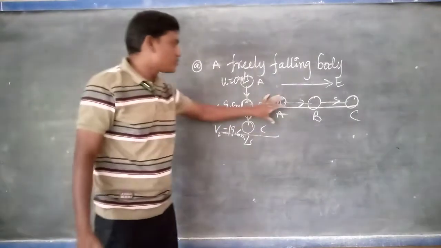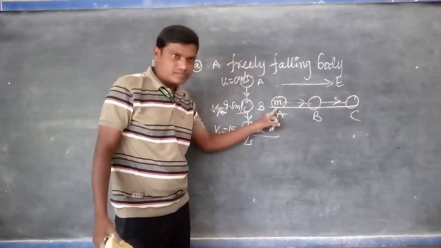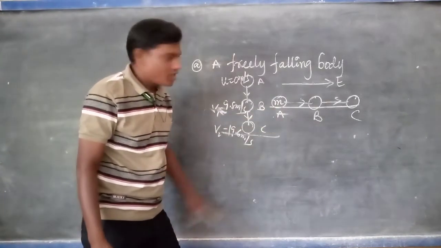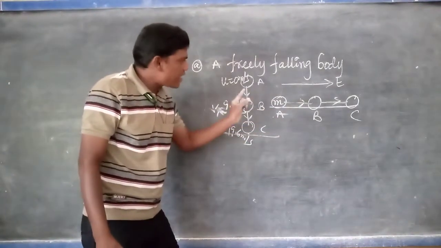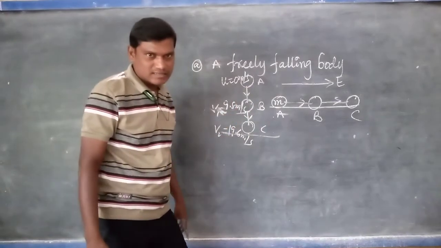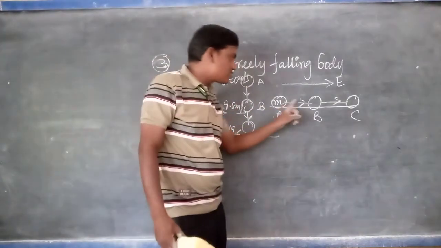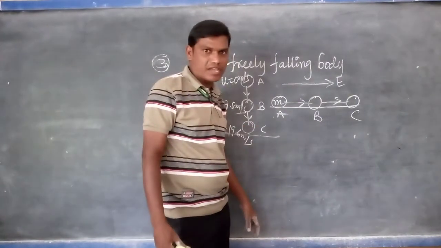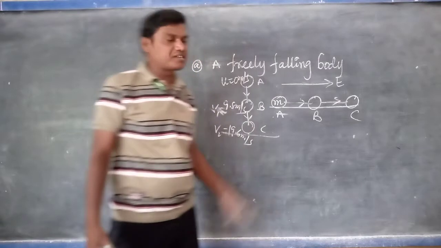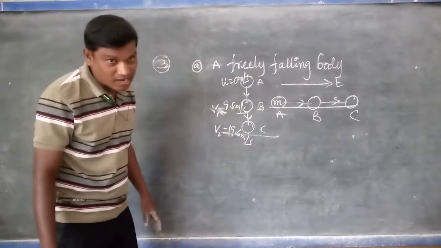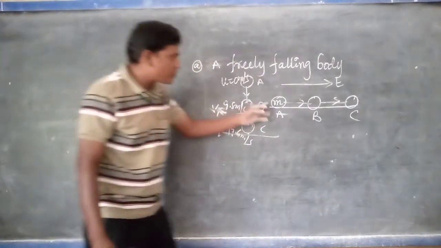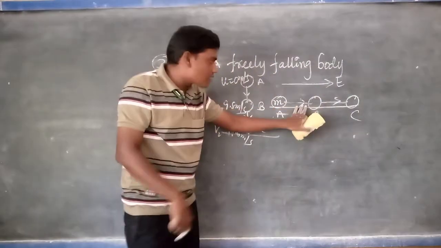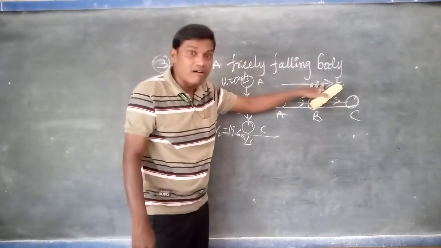Simply you can say that if a body covers unequal distances in equal intervals of time in a specified direction, then the speed changes, but the direction is constant or the same.